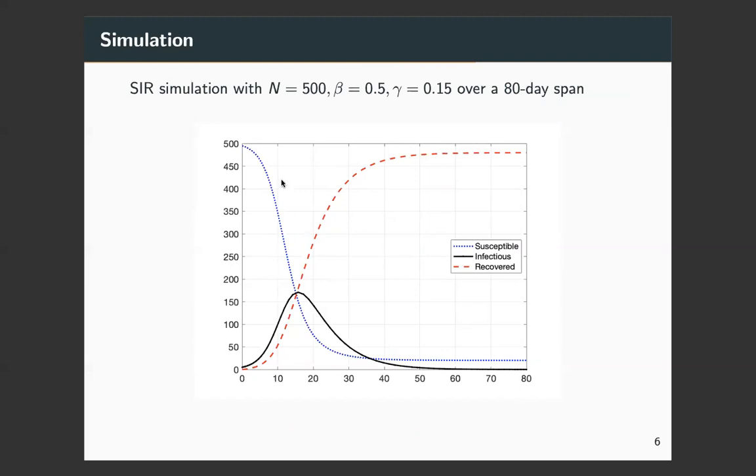We see that the blue curve, the susceptible class, will decrease, the red curve, which represents the recovered class, will increase, and the infectious curve will first increase and then decrease to 0. So this is the general trend of the three classes.